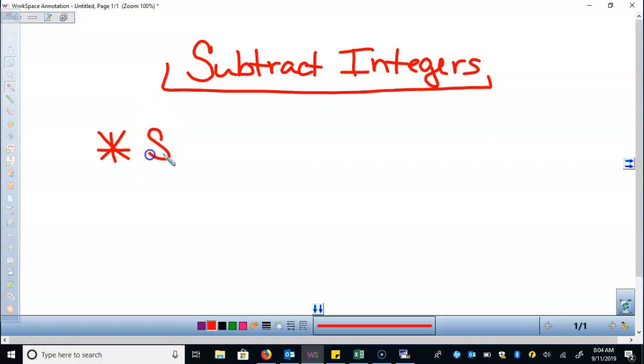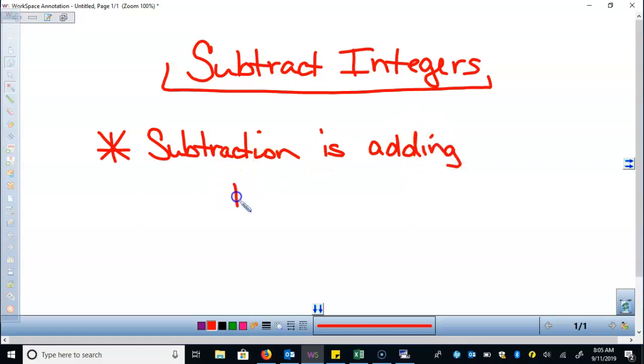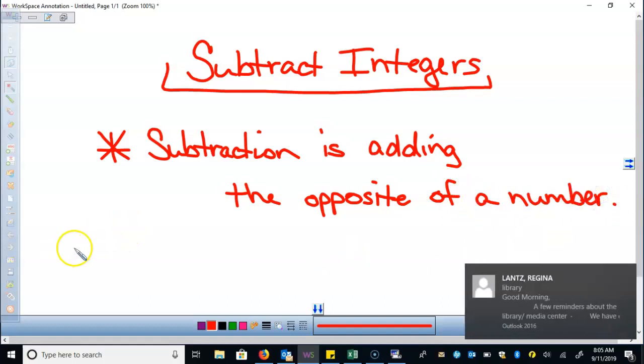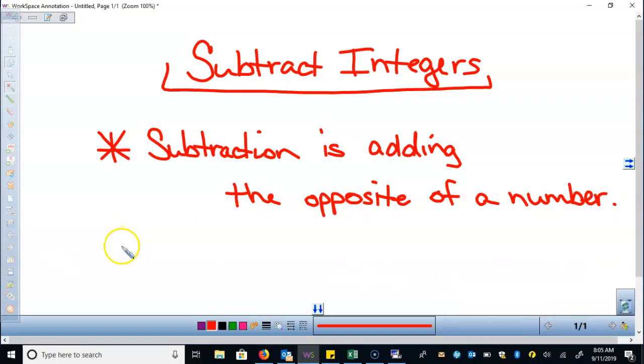Subtraction is adding the opposite. And that's really the true definition of subtraction. It's just adding the opposite of a number.